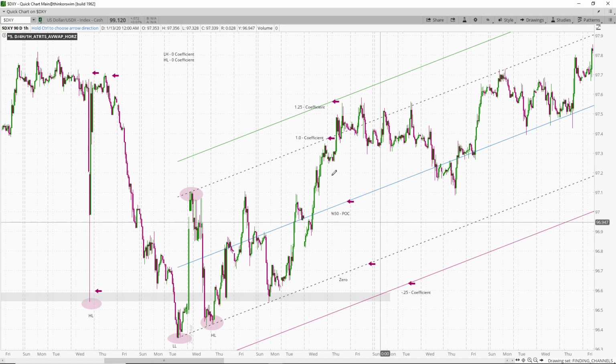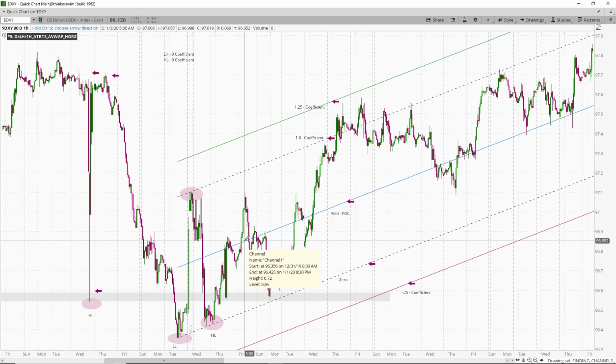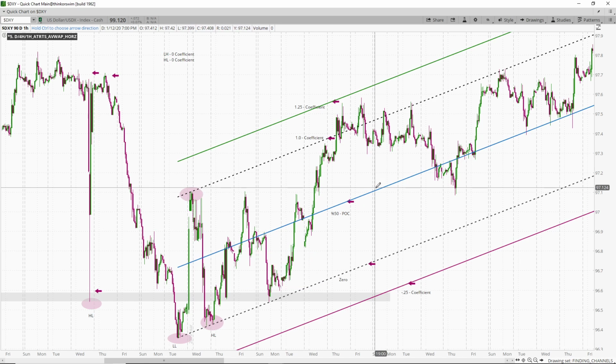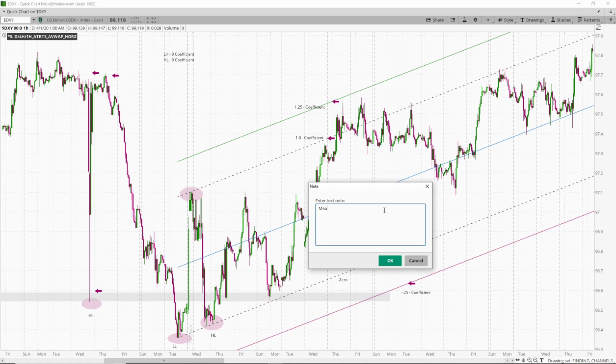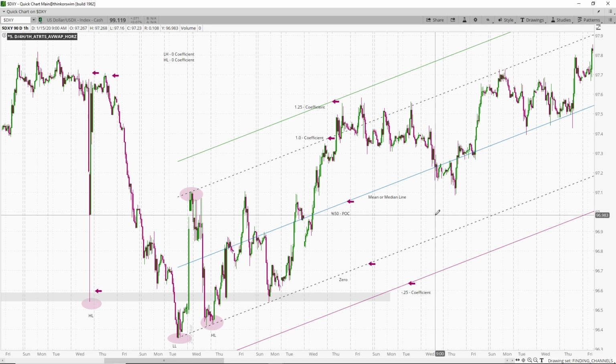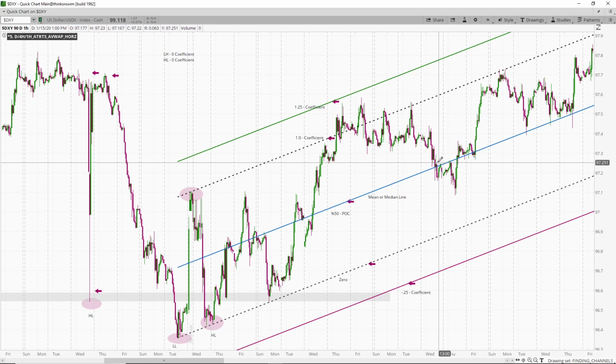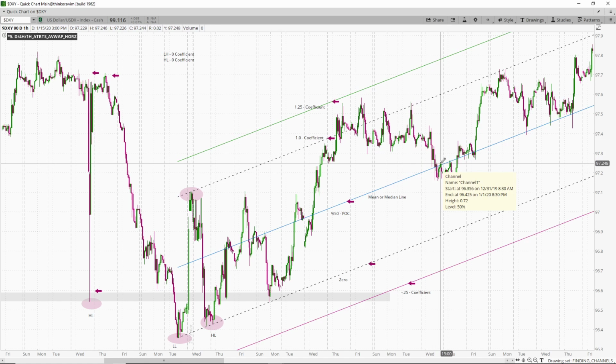A lot of volatility theory gurus would call this your mean, or your median line, for mean reversion. So, break out of the 1.0 coefficient. Do we come back down? Well, this is the point of control.